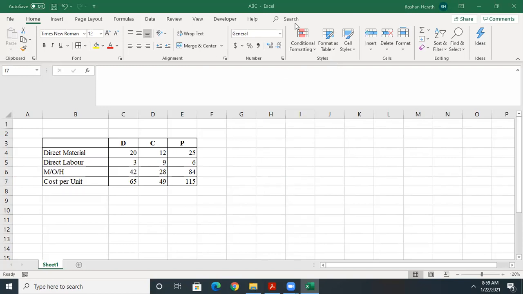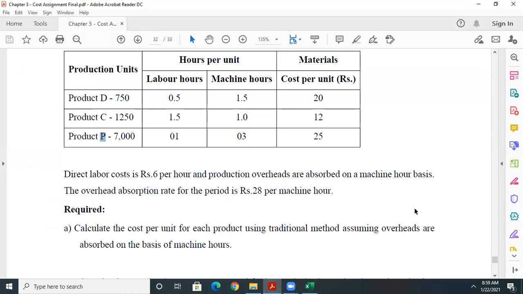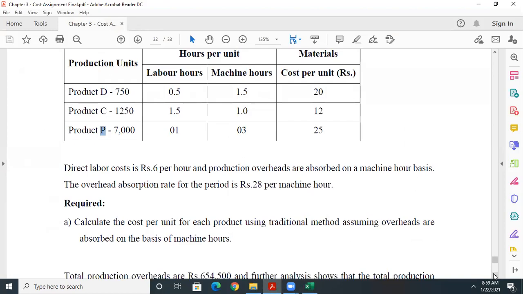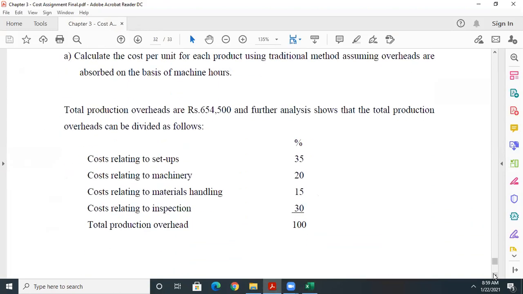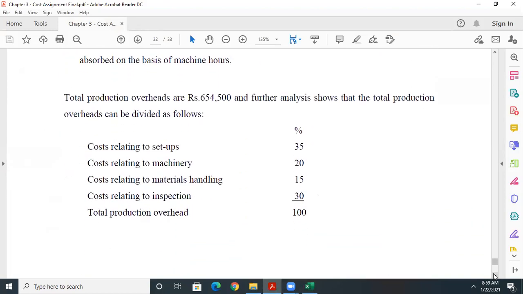So now let's look at the other one. The first requirement was fulfilled. Then it says that the total production overheads are ₹654,500.